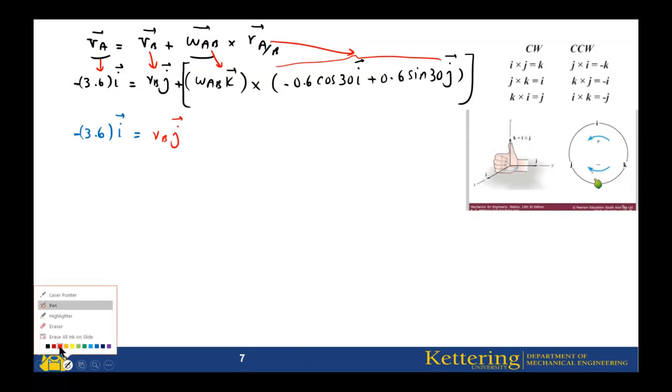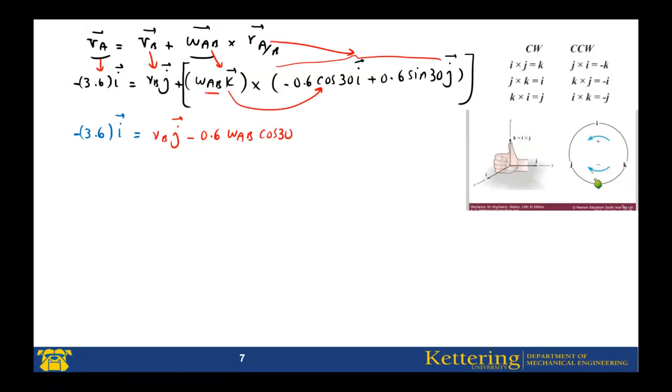Also, this by this will be j. How? This will be minus 0.6 omega AB cosine 30. I just multiply the coefficients. Then k by i, as you can see, is j.